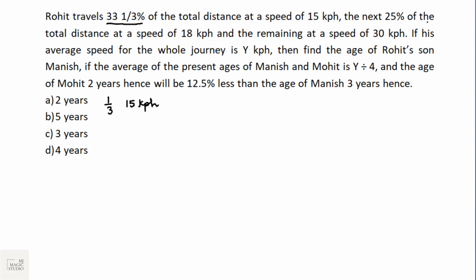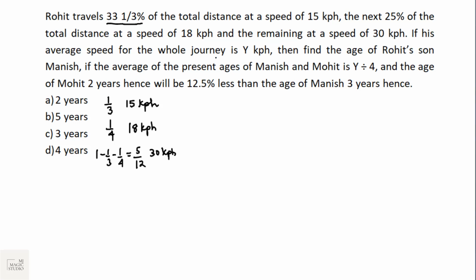The next 25% of the total distance, that is 1/4, at a speed of 18 km per hour. And the remaining is 1 minus 1/3 minus 1/4. 3 plus 4 is 7, 7 by 12. 1 minus 7 by 12 is 5 by 12. So the remaining 5 by 12 at a speed of 30 kph.